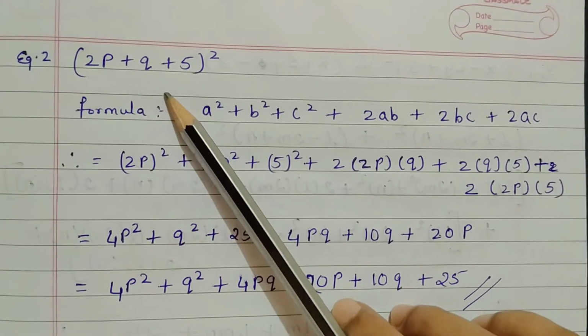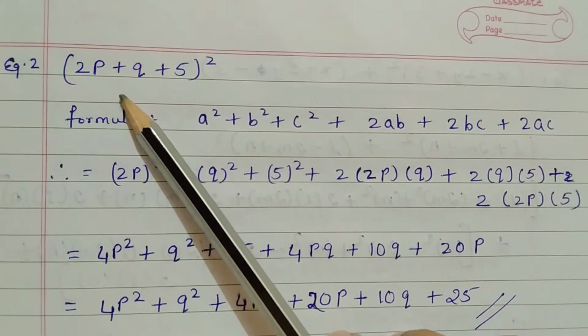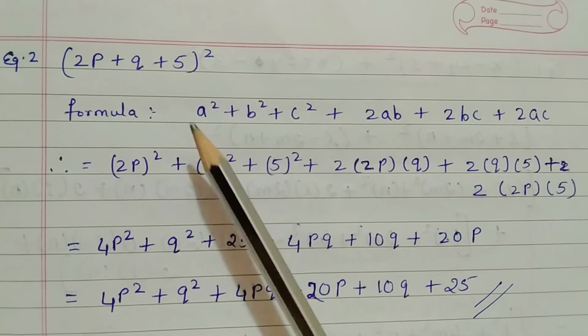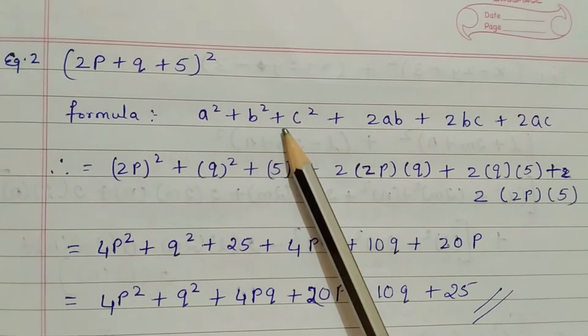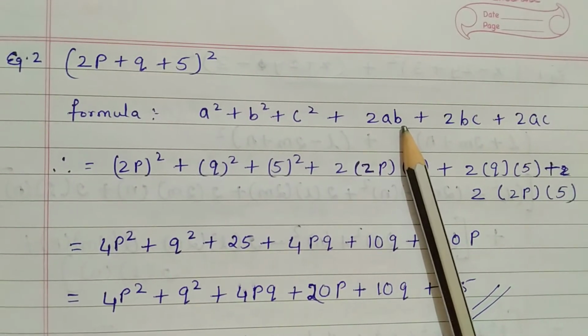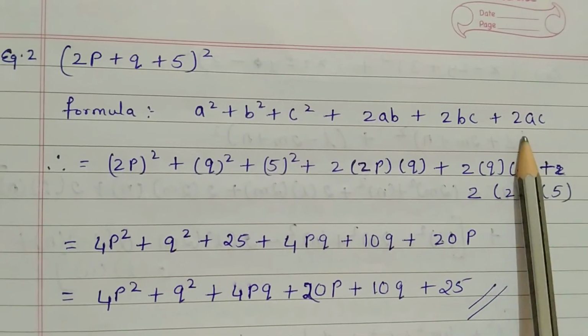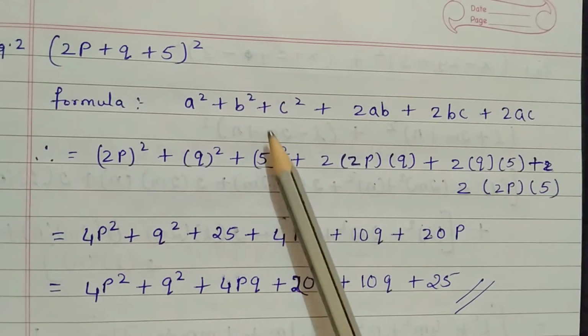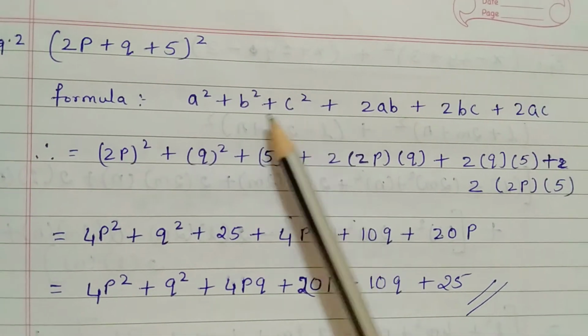So here is the example: 2p plus q plus 5 the whole square. The formula is a square plus b square plus c square plus 2ab plus 2bc plus 2ac. Now we will expand as per this.